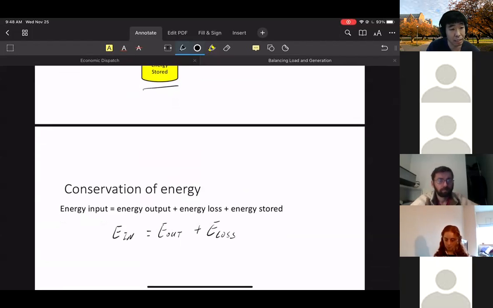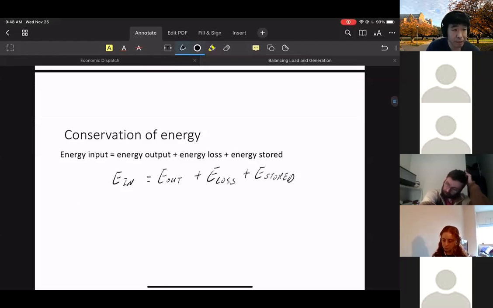So you can think of this as a thermal loss in the system, plus the stored energy in the system. Okay, so this is what we always have.